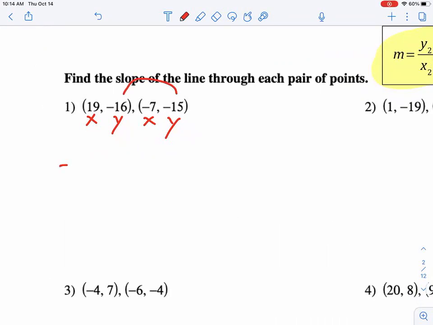So I'll do -15 minus -16. You put the y's on top. Then I'm going to put the x's on the bottom. So that'll be -7 minus 19.